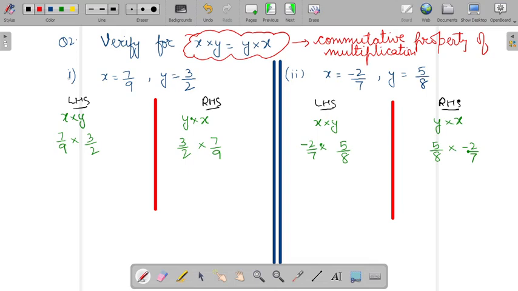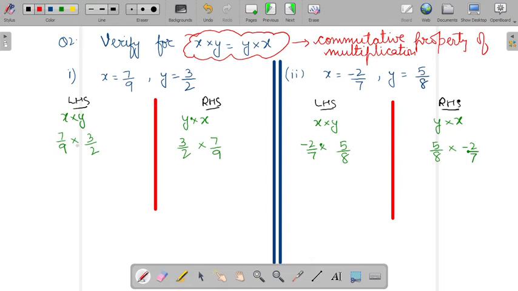Now let's go for question 2, first part. This is the x value and this is the y value. Now LHS is x multiply y, and RHS is y multiply x. Now according to the question we will substitute its value, the same thing we did here.